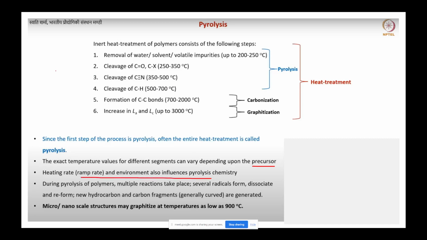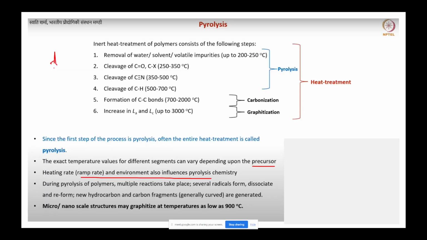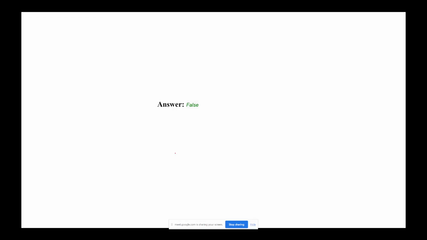So it is not restricted to 300 to 600. You can see the range of temperature, at different temperatures different phenomena are happening. Even at very high temperature, pyrolysis will happen. It depends on the precursor you are using, the heating rate, ramp rate, environment conditions and so on. So it is false.